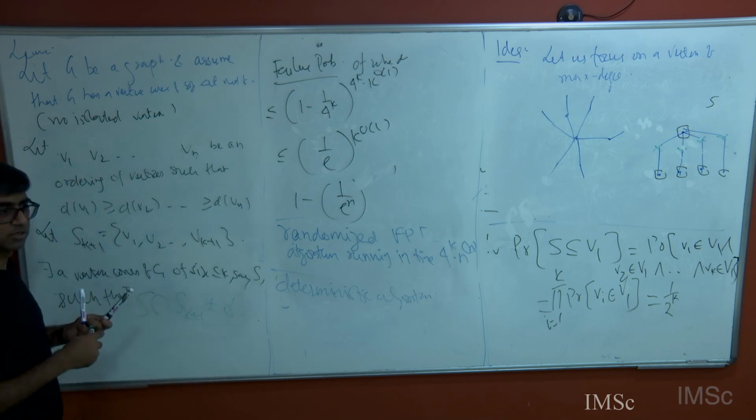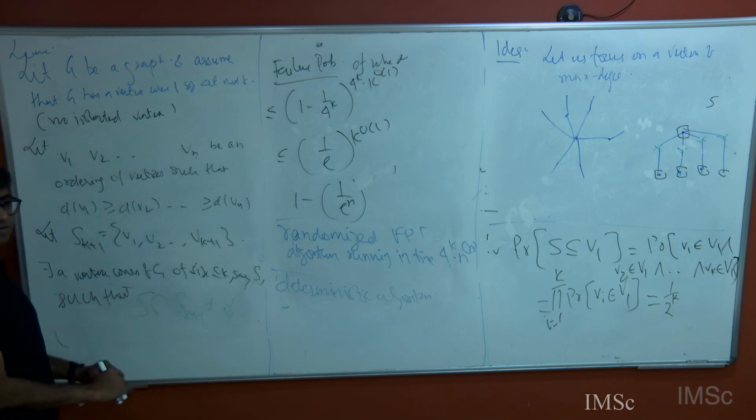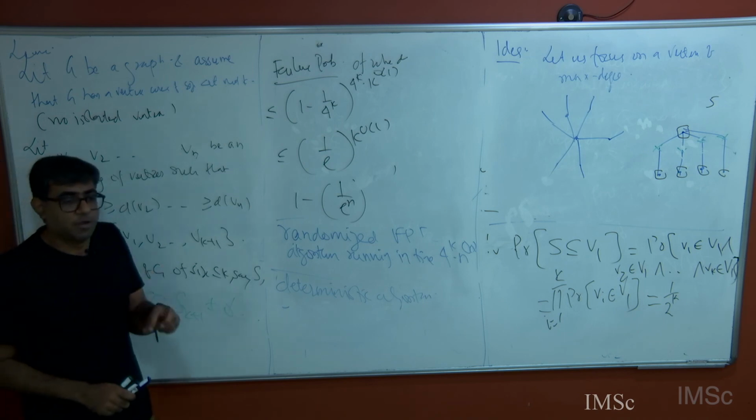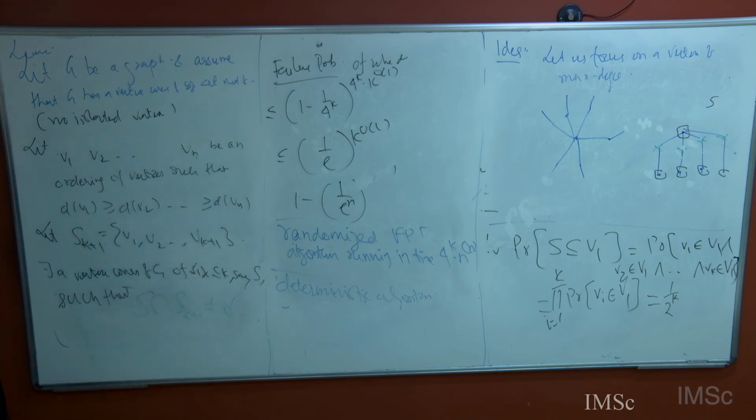You understand my point? So this is just a combinatorial statement. I don't have an algorithm. I'm saying to you, here's a graph which has a vertex cover of size at most k. That's my assertion. Now I have given you a process. I said, look at the top k plus 1 vertices of highest degree, S_{k+1}.